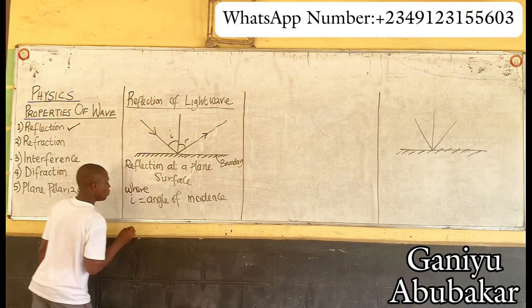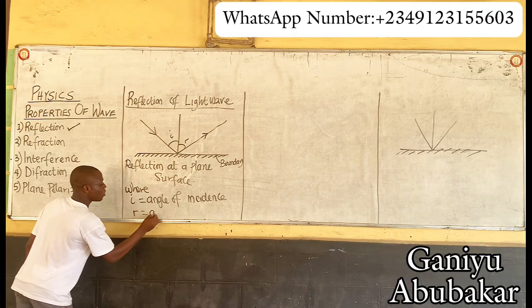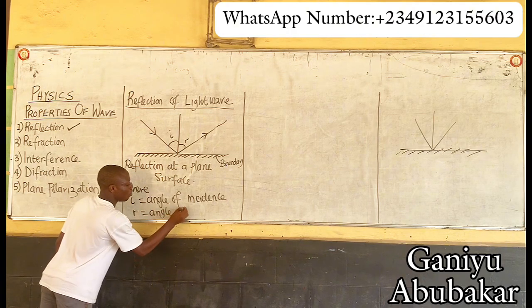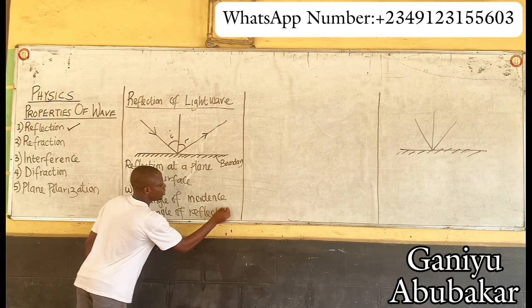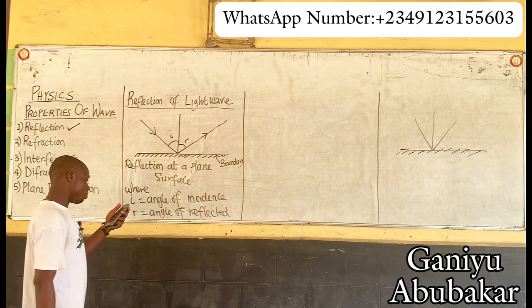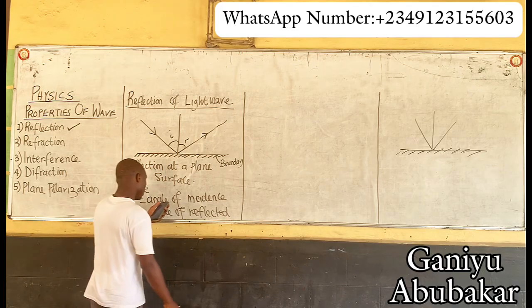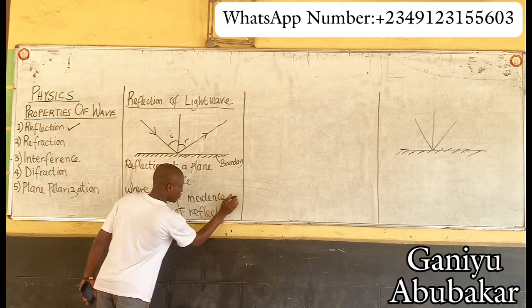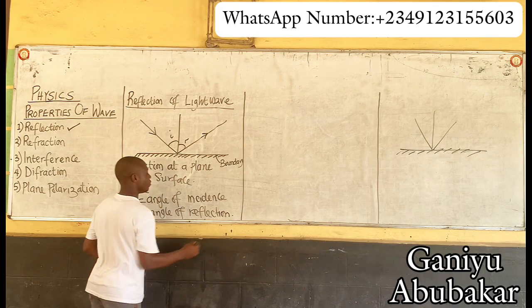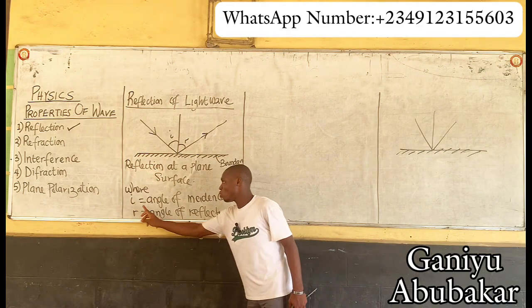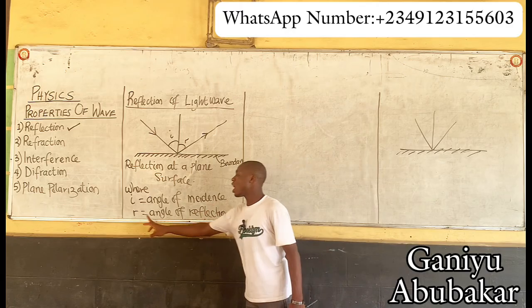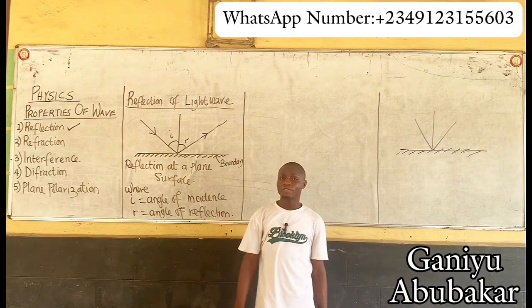While R is called the angle of reflection. Note that I is called the angle of incidence, and R is called the angle of reflection.